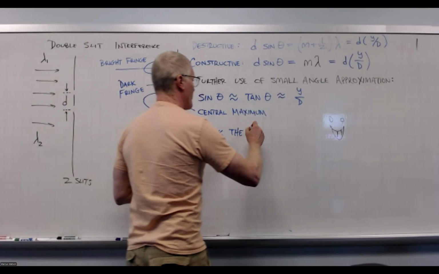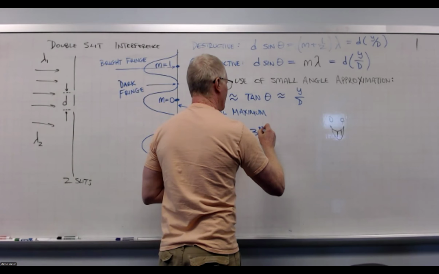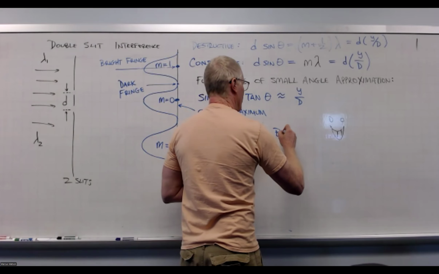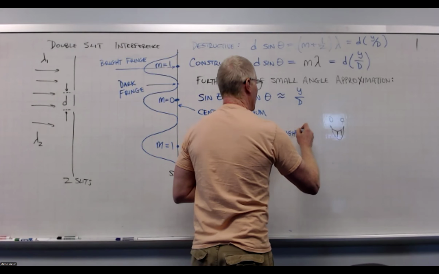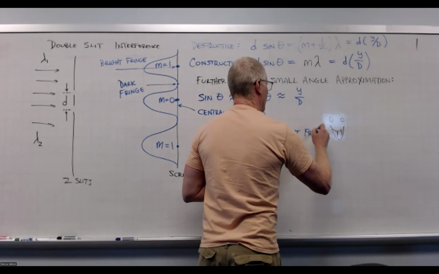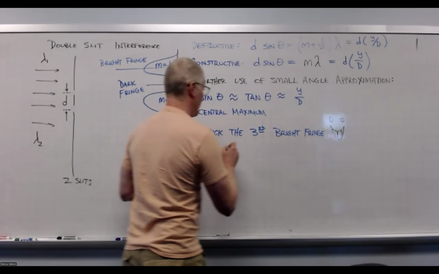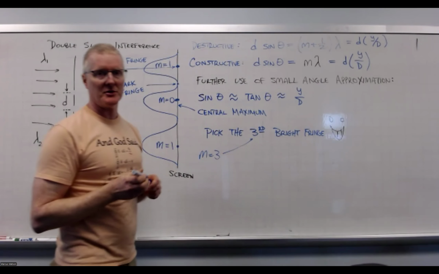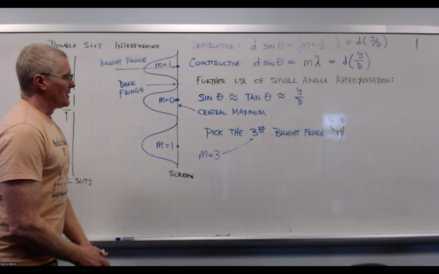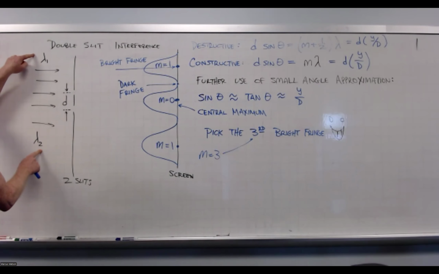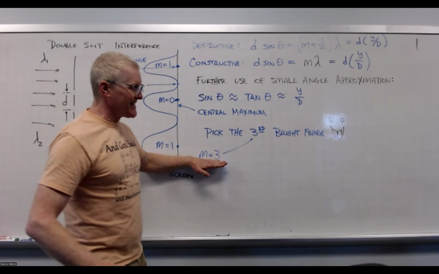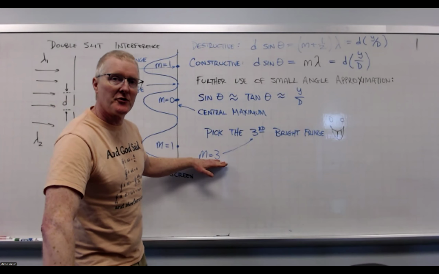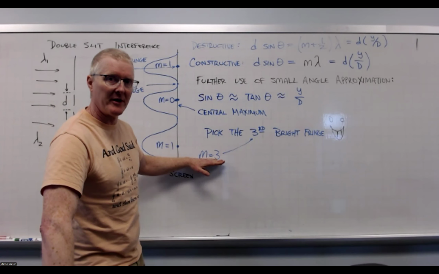So I want to pick the third bright fringe, that is to say, the m equals 3 bright fringe. Now I'm going to shine these 2 wavelengths through, and I'm going to say what's the difference in position of those 2 third order bright fringes.